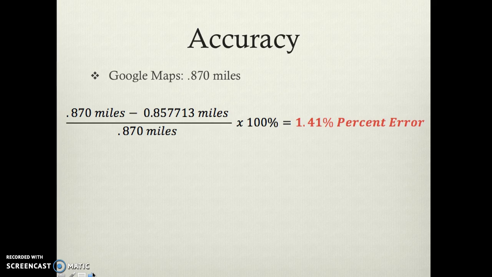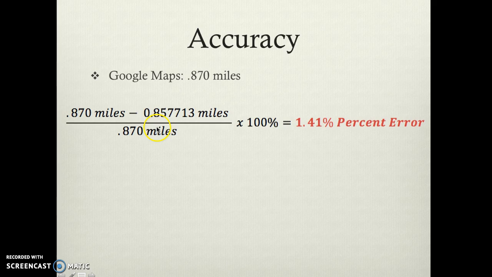So at this point, I wanted to test the accuracy of my calculations. So after I put the path on Google Maps, Google Maps told me that my path was approximately 0.870 miles long.